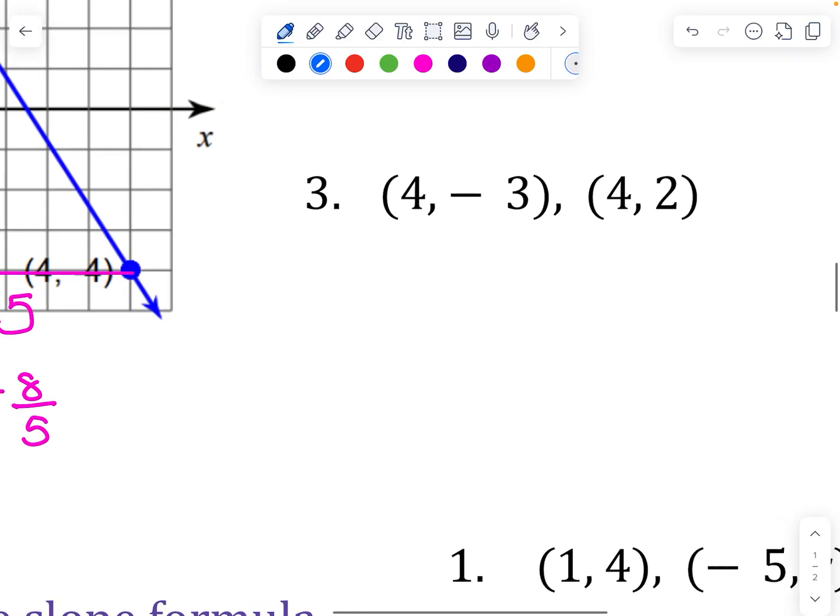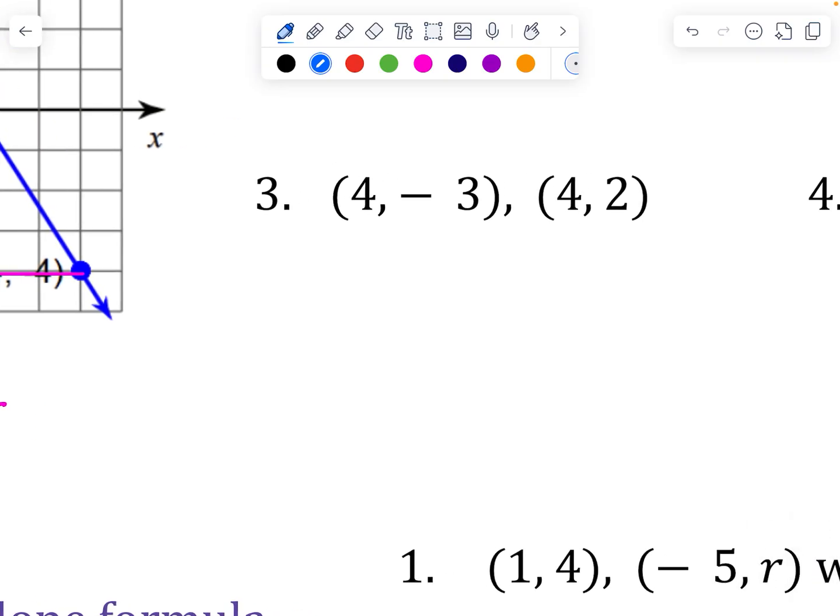Okay, number 3. 4, -3, and 4, 2. So I'm going to set this up again as x1, y1, x2, y2. So m equals 2 minus negative 3 over 4 minus 4. 2 minus negative 3 just becomes 5. 4 minus 4 is 0.